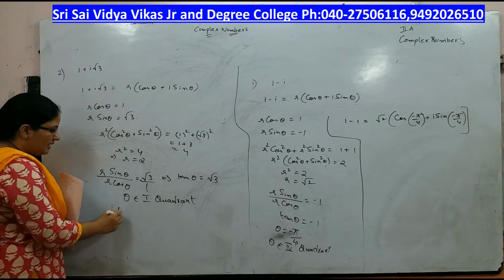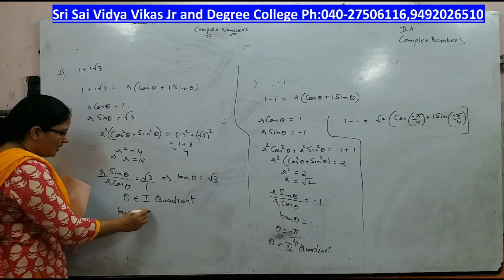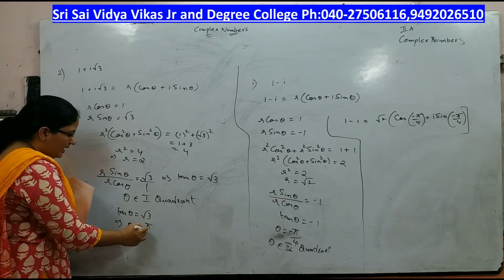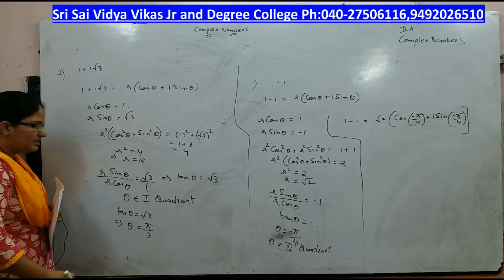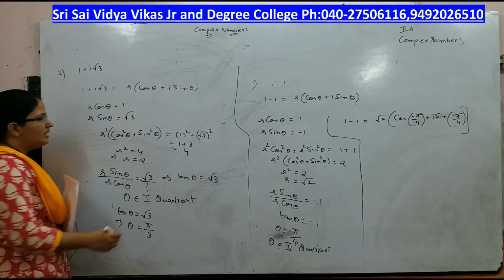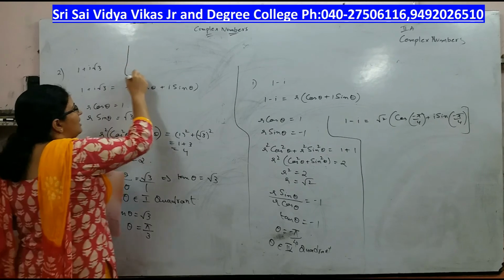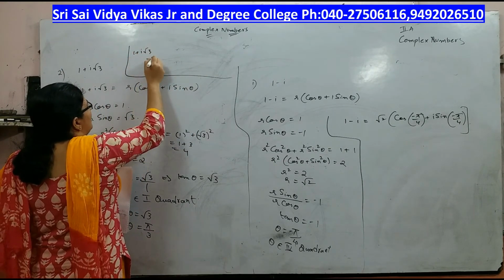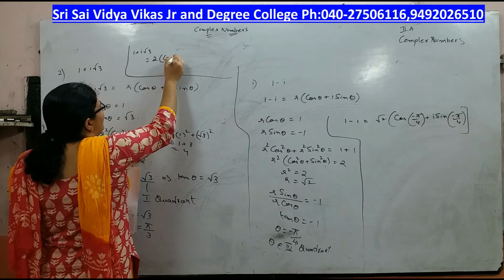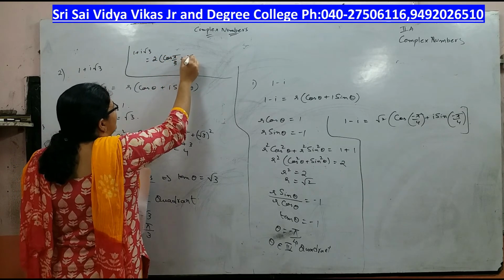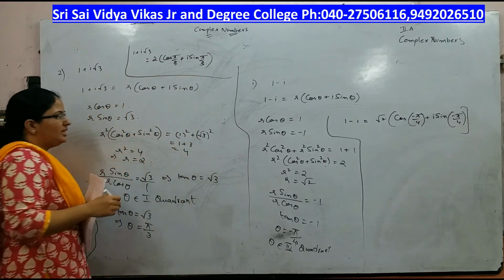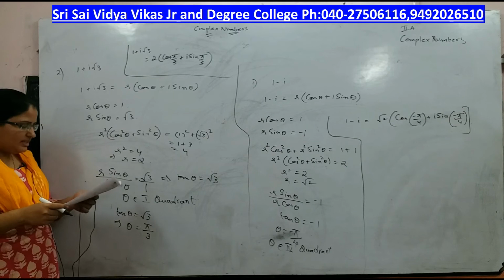Tan theta is equal to root 3 implies theta is equal to pi by 3, that is 60 degrees. So you got the value of r and the value of theta. 1 plus i root 3 is equal to 2 into cos pi by 3 plus i sin pi by 3. This is how you express it in the polar form. Let us discuss one more problem.